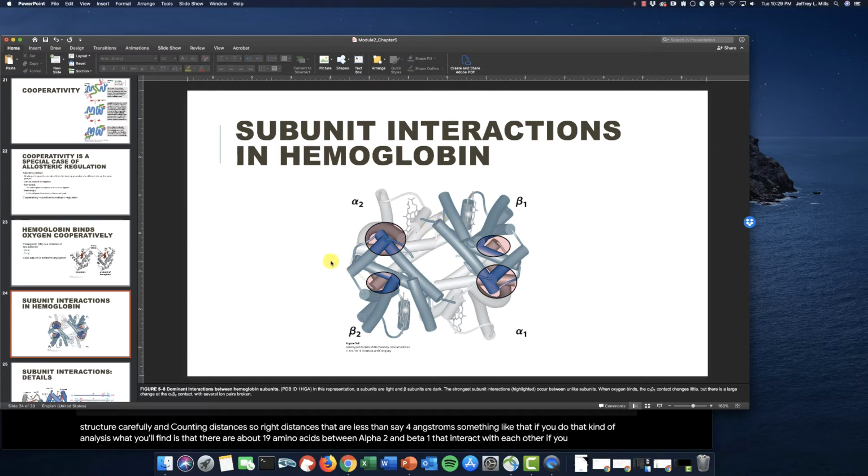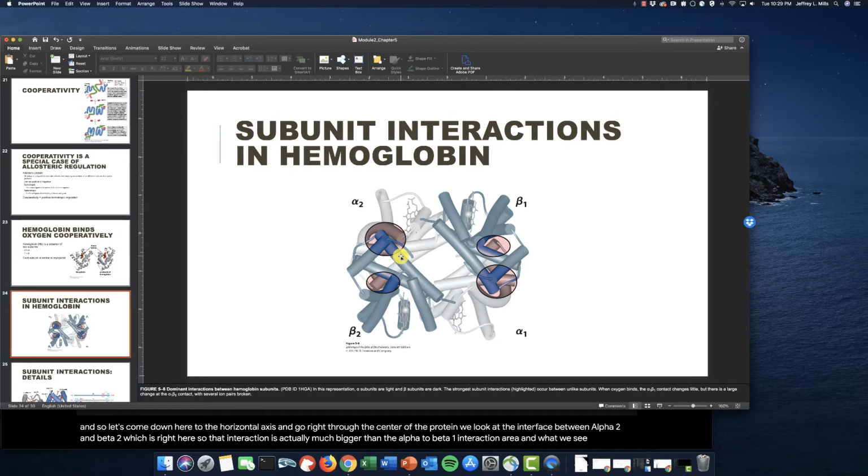If you compare that, let's come down here to the horizontal axis and go right through the center of the protein. So if we look at the interface between alpha 2 and beta 2, which is right here, that interaction is actually much bigger than the alpha 2 beta 1 interaction area.